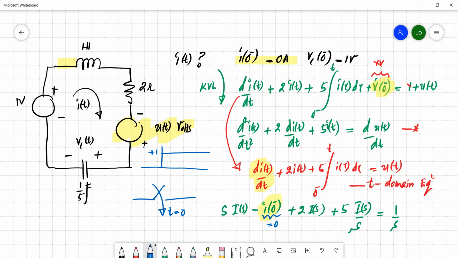Then you have S times I(s) plus 2 times I(s) plus 5 I(s) divided by S equals 1 over S. If you simplify this, I(s) equals 1 over S squared plus 2S plus 5.